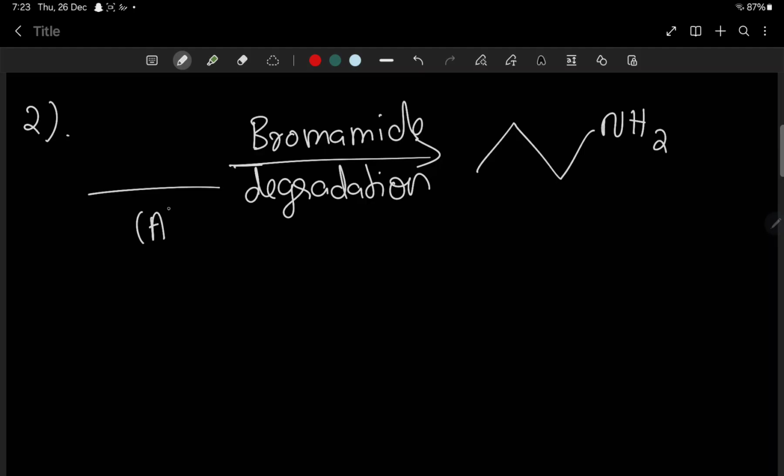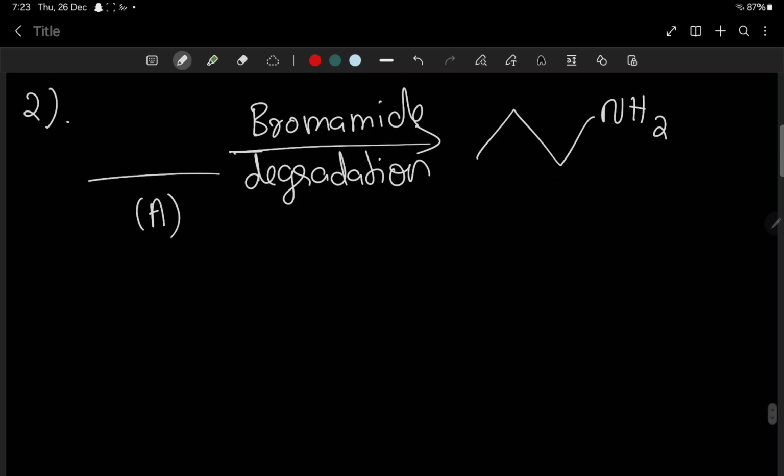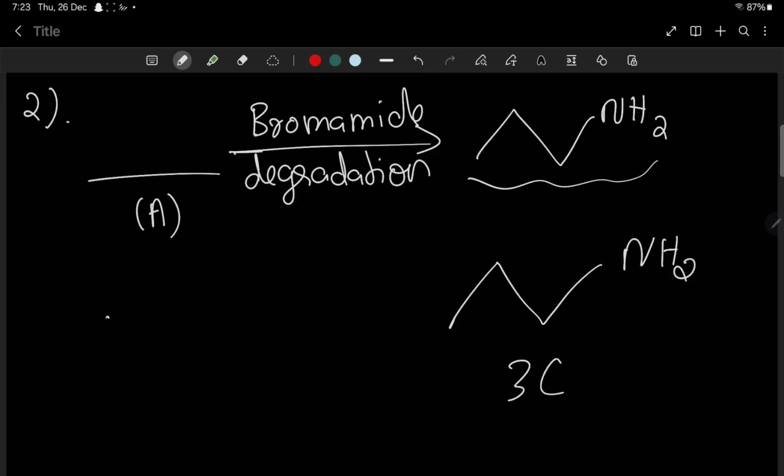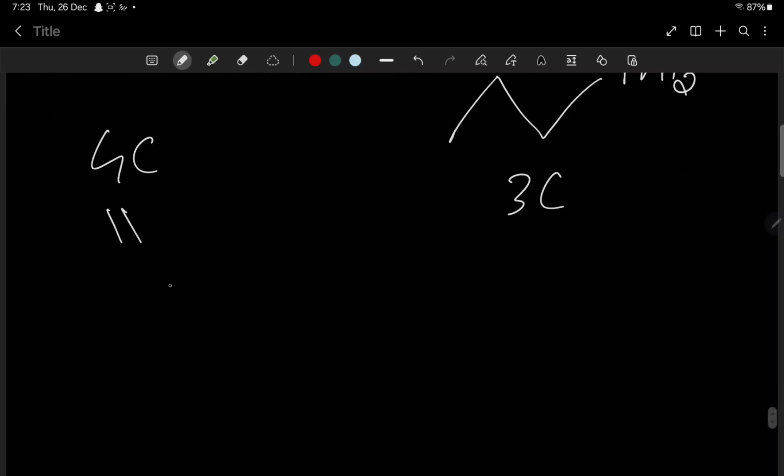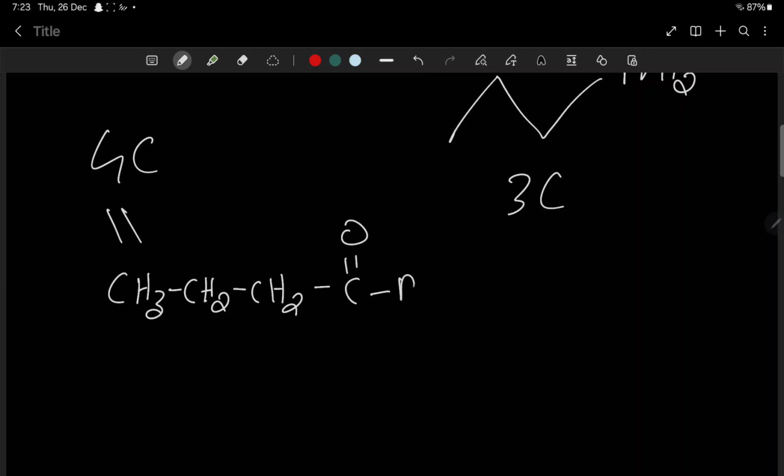What is the reactant A? So look, you got propanamine as the product. You know that the product is always 1 carbon less than the reactant. Here the product has 3 carbons, so the reactant has 4 carbons. With 4 carbons you can write an amide. That's the answer: CH3CH2CH2C(=O)NH2.